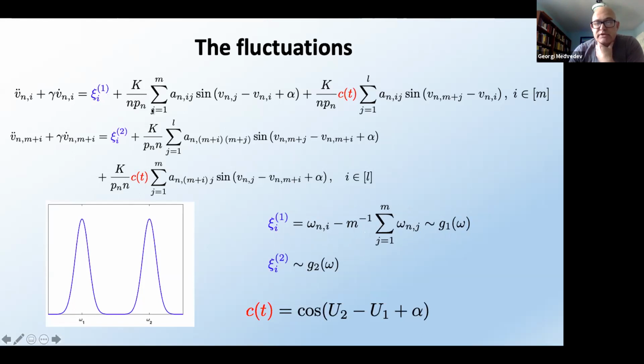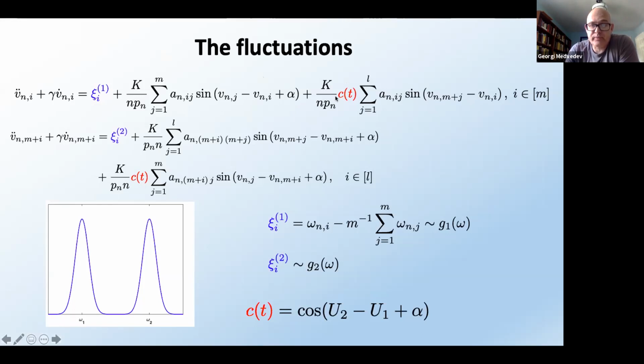Then the coupling splits into two parts. The first sum is the coupling for the fluctuations within one cluster, the fluctuations in the first cluster. And then the second sum is where we get mixed fluctuations, where the fluctuations in the first cluster interact with the fluctuations in the second cluster.